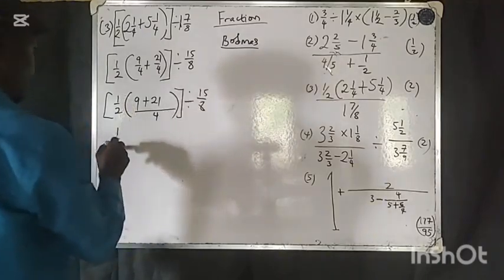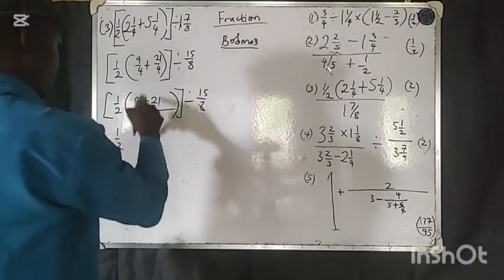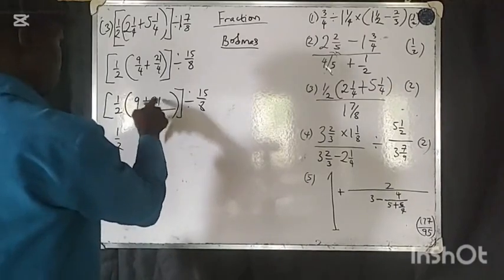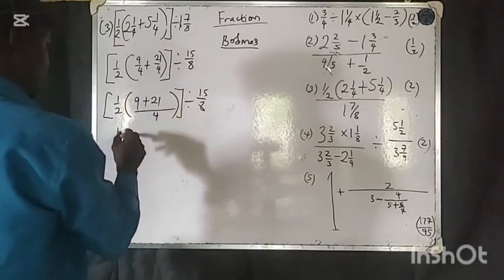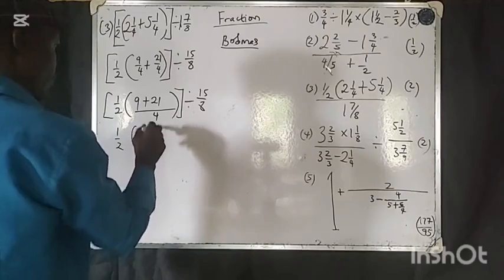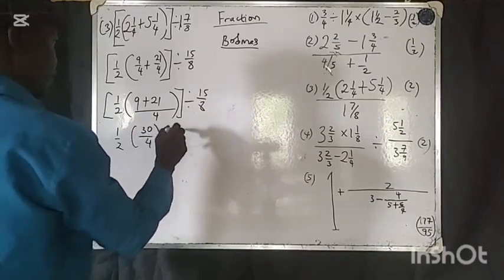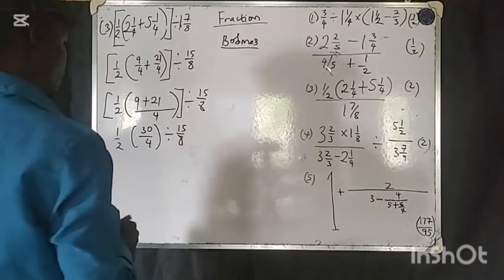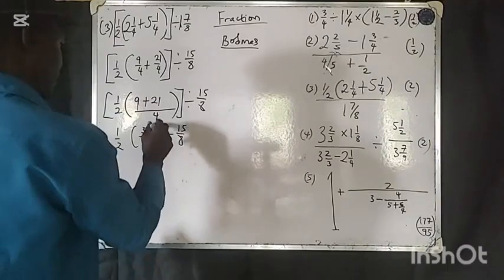So 1 over 2 again. This one, we are solving the one inside this bracket now. 9 plus 21, that will be 30. 30 over 4. Then we have divide by 15 over 8. You notice that this bracket is still there.